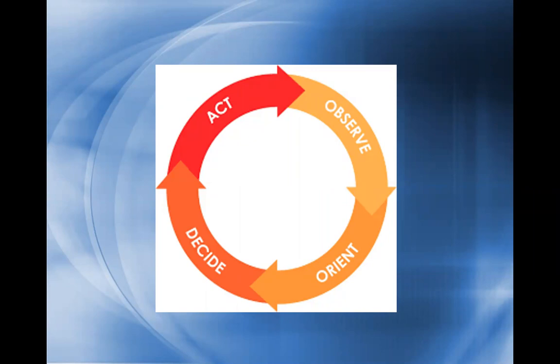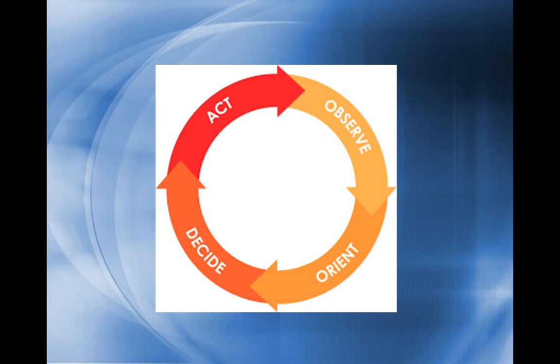So orient has to do with how you're gathering the information, what you are looking at doing with regards to the conflict. And here we can lean on some of our past experiences, our past knowledge with different things that are going on. We're going to then decide what's our best course of action.